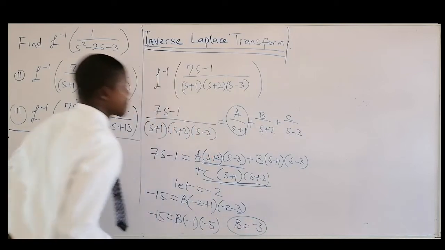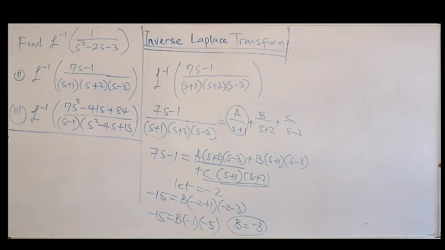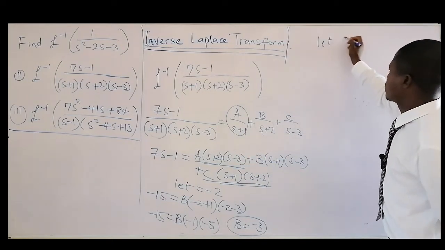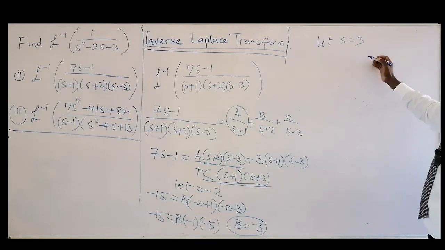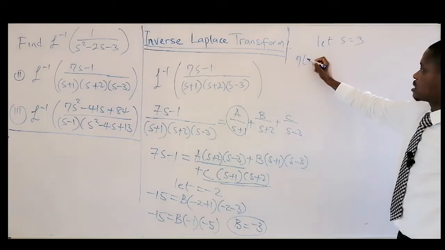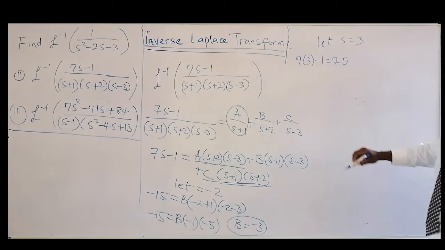So then the next thing to do, we can also make x to be 3. Let x be 3. If x is 3, then we have 7 times 3 minus 1, and that's 20, equal to.